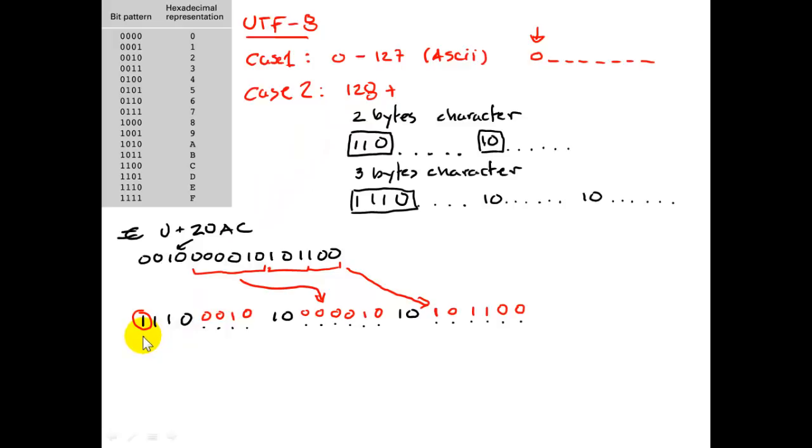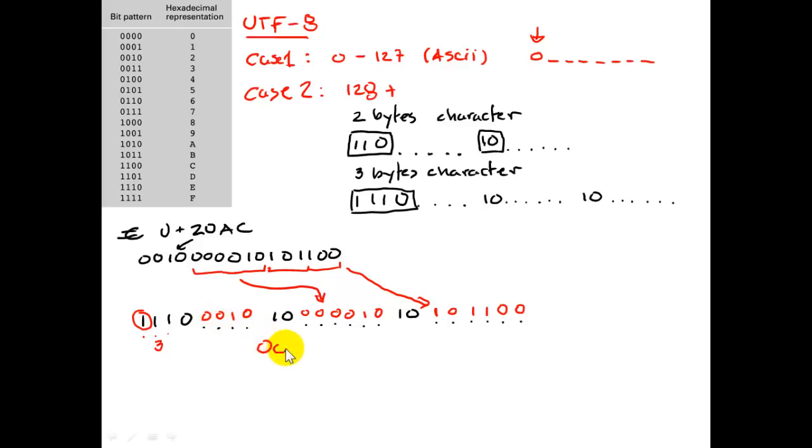So let's count. 1, 2, 3. There are 3 bytes incoming right here. This is our padding. And that also means that in the following byte, the 1, 0 will be ignored, the 1, 0 will be ignored, and the data is going to be reconcatenated.